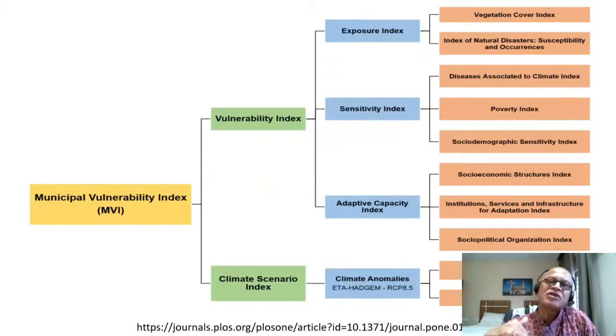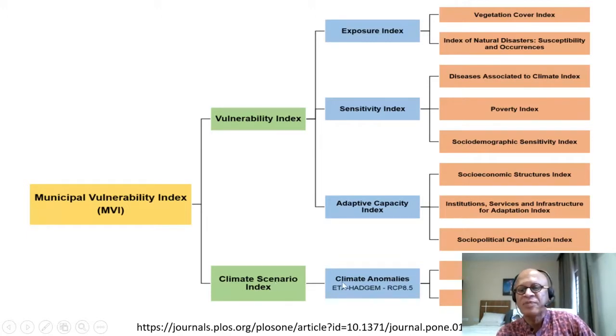We come back to vulnerability. So if you want to do transitional or transformative adaptation, you have to do vulnerability mapping and other issues like e-health and costs of health that you are dealing with climate change as well, right? So let's say we want to do vulnerability mapping at scale, could be at municipal level. So this is an example of a municipal vulnerability index, and you have to consider climate scenario indices.